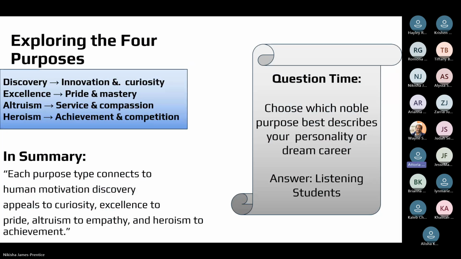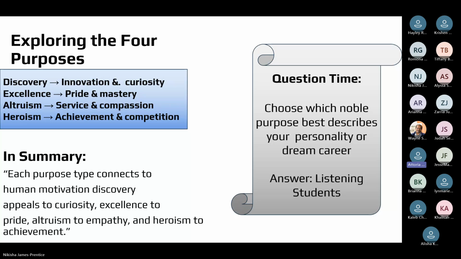the four noble purposes are broken down in this slide, along with how each relates to various human motivations. Individuals and organizations motivated by discovery enjoy experimenting with novel concepts and producing something original. Discovery is associated with both innovation and curiosity.